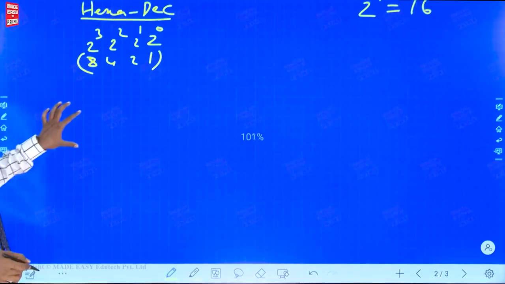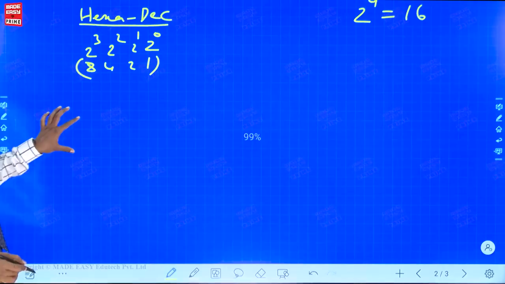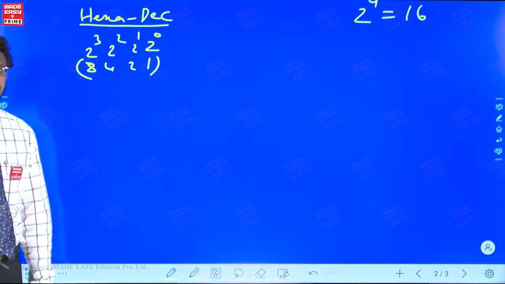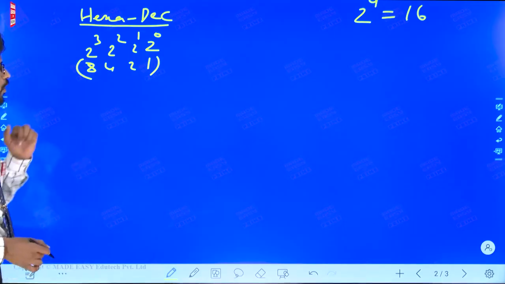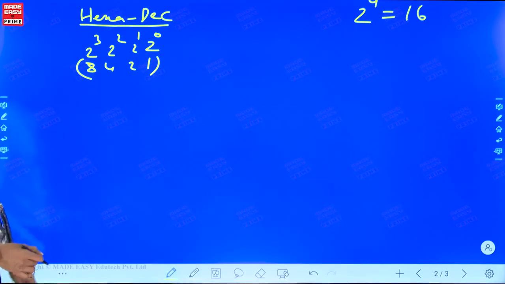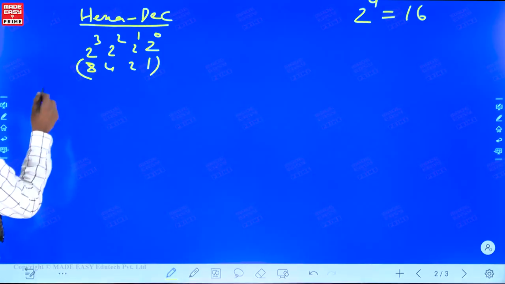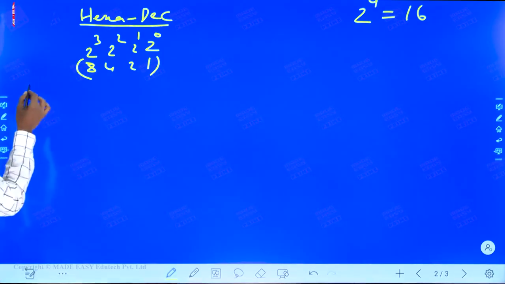Now observe carefully. Here I want to emphasize how to write this data in binary form. We want to represent the hexadecimal numbers in binary. Let us start from 0H.